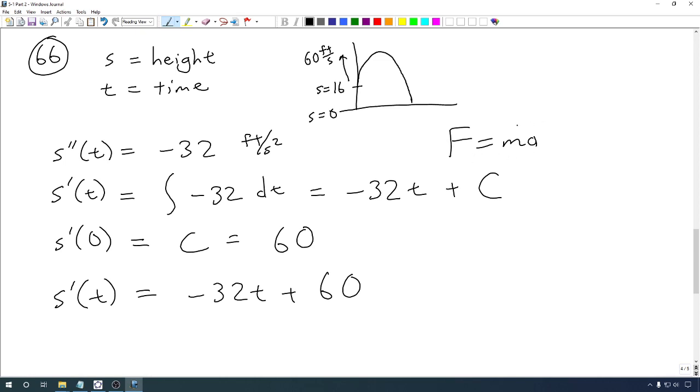And forces are related to the acceleration, which is a derivative of velocity, which itself is a derivative of distance. And so we end up with all these situations where we know stuff about derivatives, and we want to use that information to know stuff about the original function.